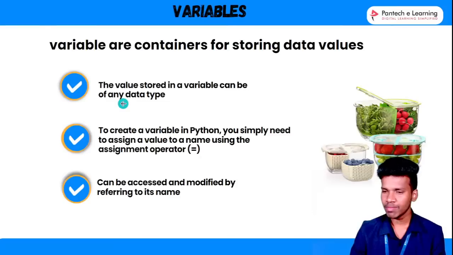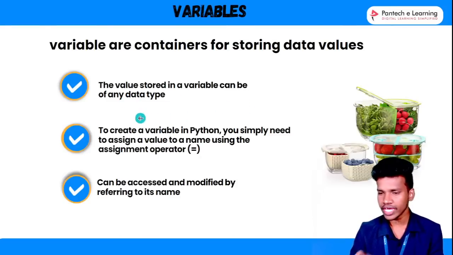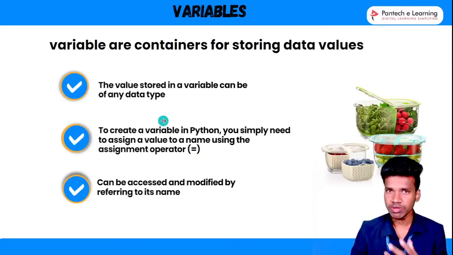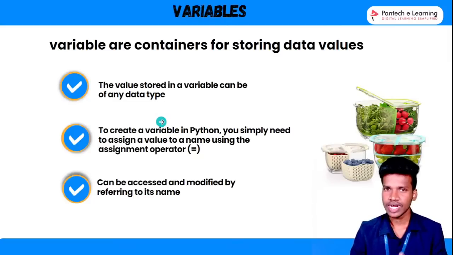The value stored in a variable can be of any kind of data type. My variable will accept all kinds of data types, that is string, integer, boolean, float, list, tuple. Second, to create a variable in Python, you simply need to assign a value to a name using the assignment operator.